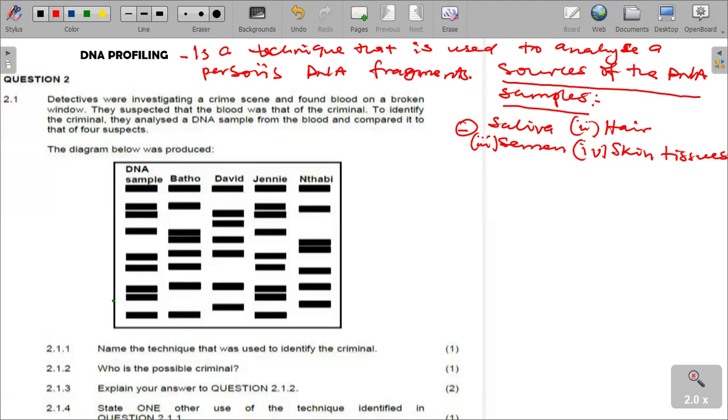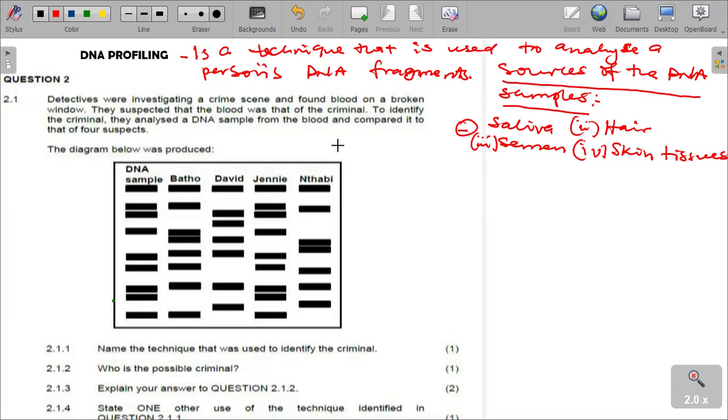So the DNA is collected from the hair. It is collected as evidence from the saliva. It can be evidence from the semen, as in cases of rape cases. We can talk about the skin tissues, which can be found hanging on some items that might be found in some places.